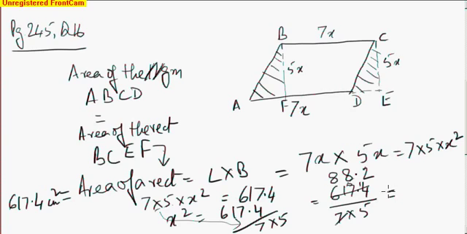which, if we take it further, if we cut it with 5, 5 1s are 5, 5 7s are 35, then we'll have 17.64 centimeter square.